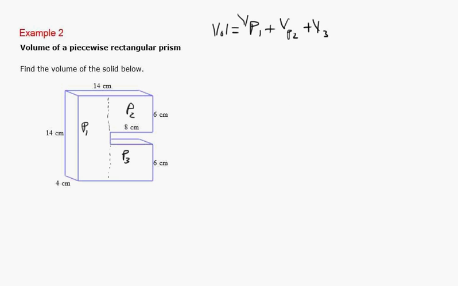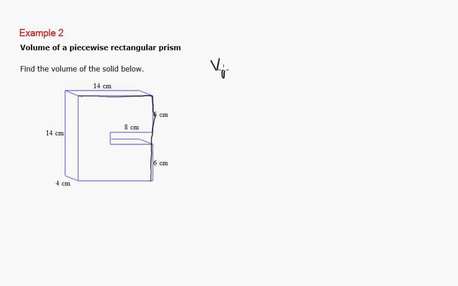Another way that I think is kind of cool, because I think it's easier, is to look at this one and say, hey, why don't I find the volume for the whole thing and forget about the hole for a minute. So the volume for the big one is equal to 4 times 14 times 14.